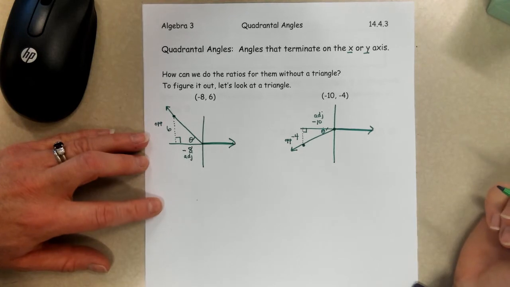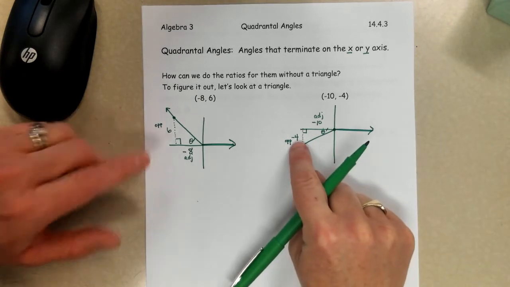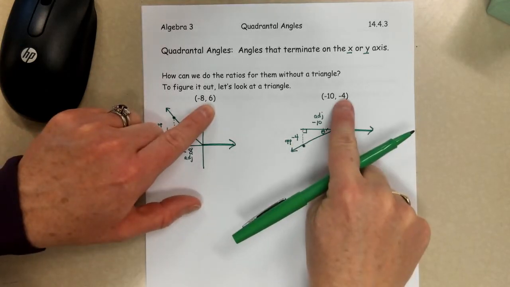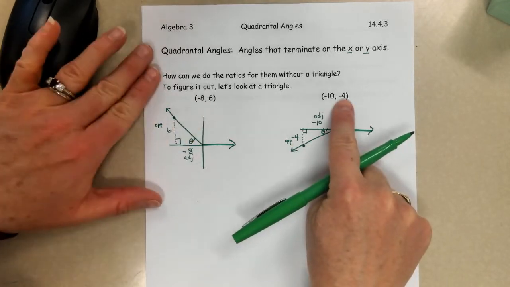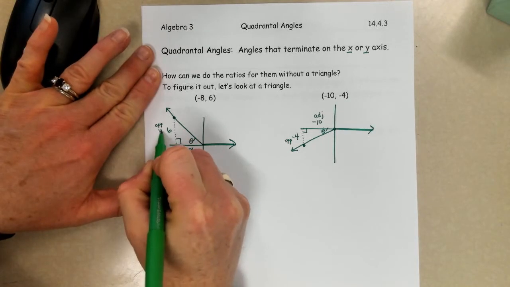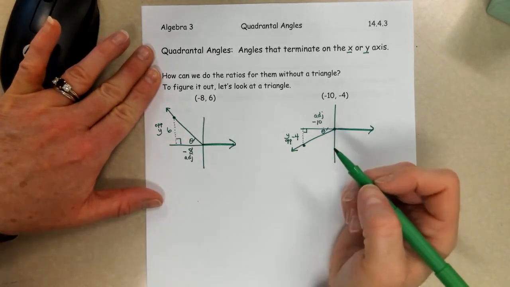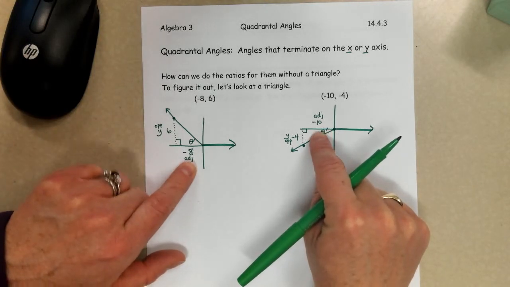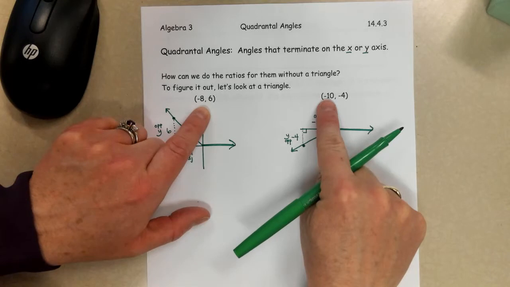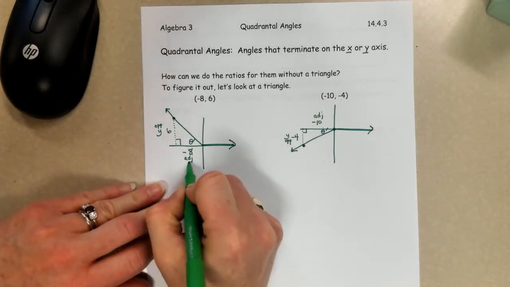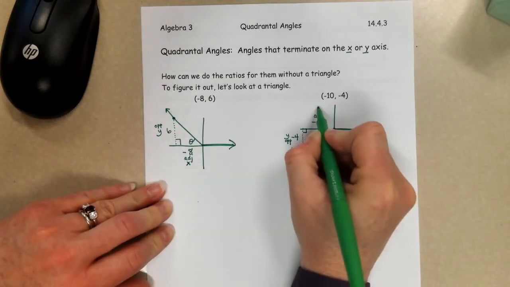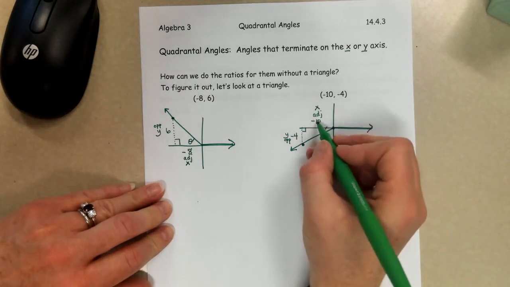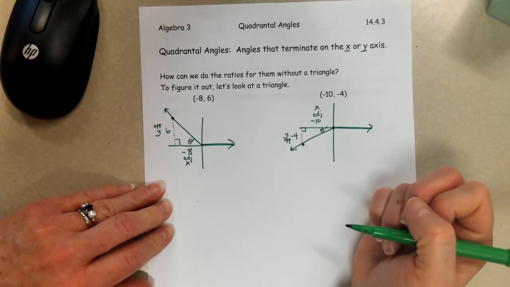Now, notice what develops here. In both of these pictures, the opposite was the y coordinate. And in both of these triangles, in both quadrants, the adjacent was the x coordinate. What some keen observer noticed was that no matter where they were, the adjacent was always the x and the opposite was always the y.